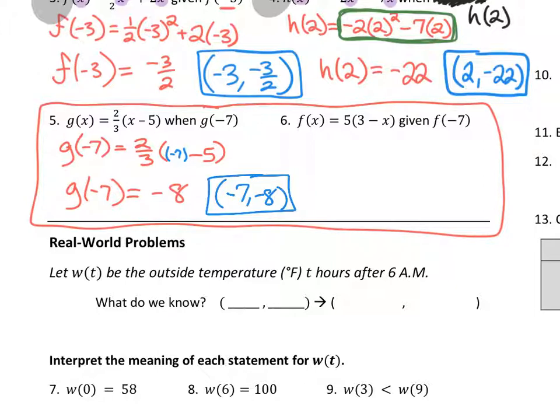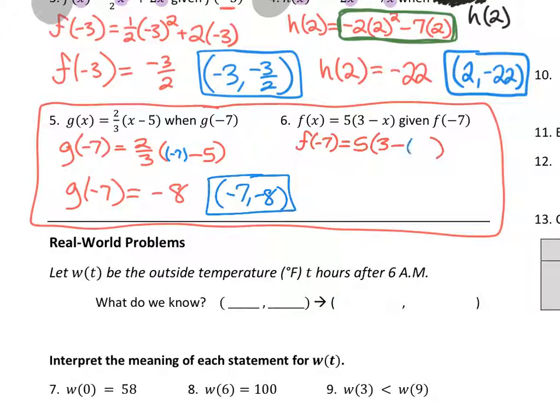Okay, if I bailed you out before you finish number 6, please finish number 6. Okay, so I got a lot of good questions just now on this one because of the double parentheses. And yes, you'll have double parentheses going on because in this one, to do f of -7, if I'm plugging in a -7 where the x is, I can't change the original equation.